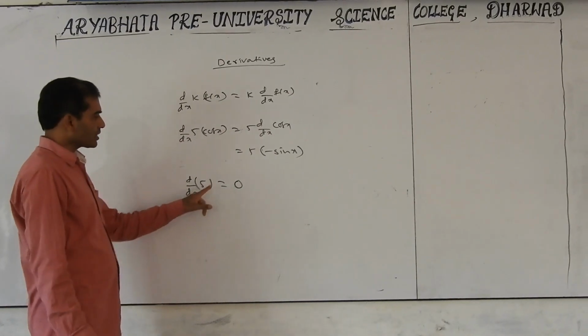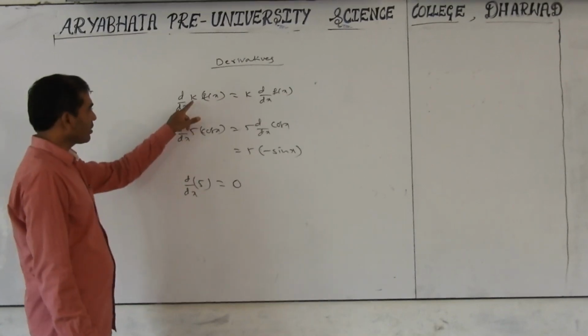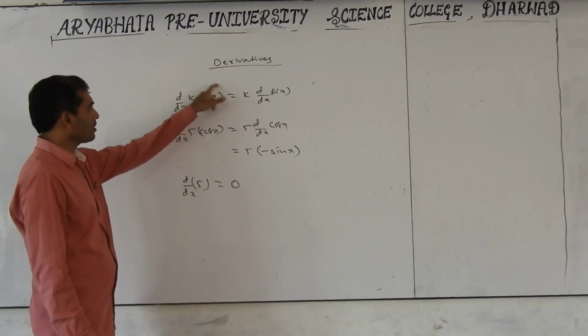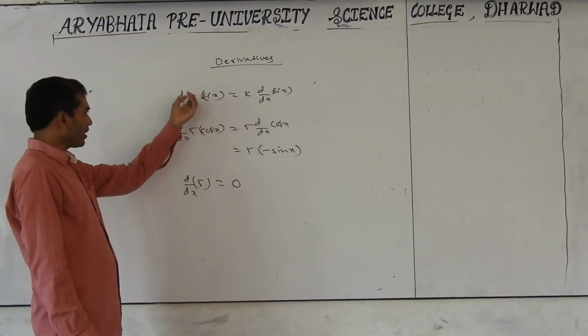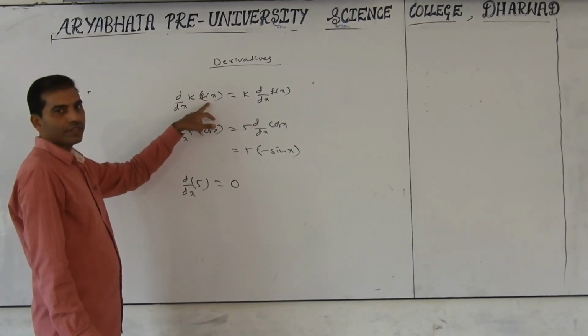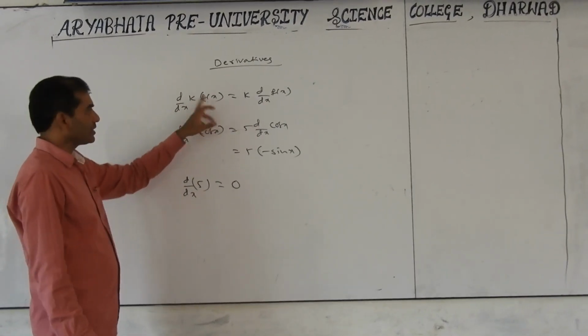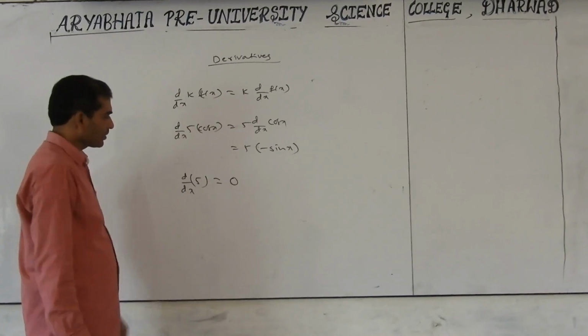The derivative of a constant is 0. But k into f of x is not a constant function, so only the constant is taken out and differentiation with respect to x is applied to the function.